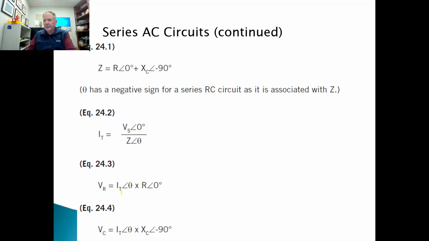So that's going to be the current, and it's going to be at the angle of the impedance. So this theta is the same as right here. So the VR is going to equal the total current at theta times the resistance value at 0 degrees. And then the capacitor voltage is going to be the total current at the angle of theta times the reactance through the capacitor at an angle of negative 90 degrees.